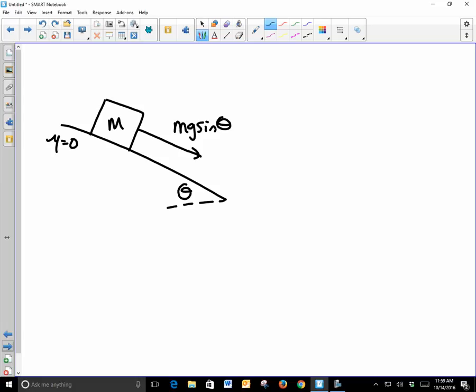And if there's no friction, are there any other forces in the x direction? Keep in mind, our x direction is this way. No, there are not. So when we sum forces in the x direction, the only force we have is mg sine of theta.